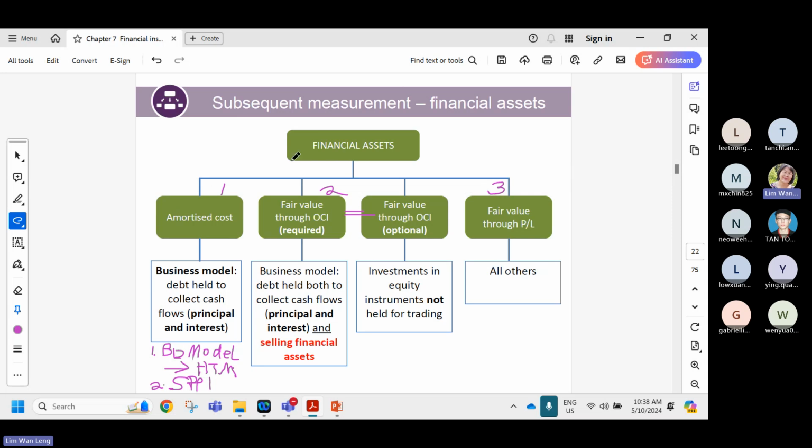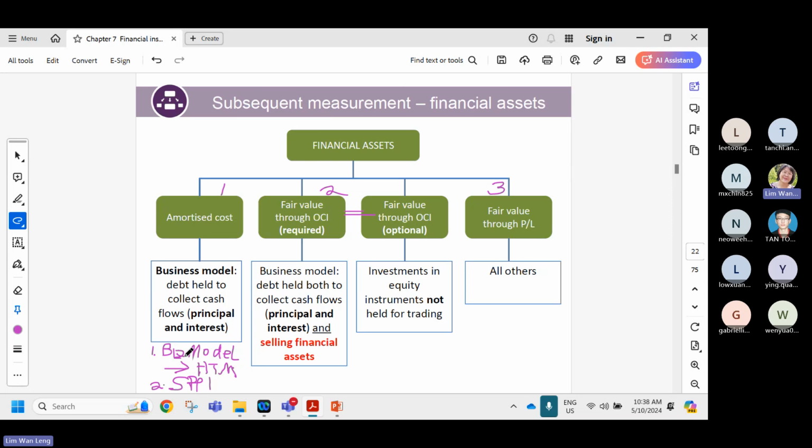So how do we know we should measure them at amortized cost or fair value? Okay, so for amortized cost, you will find that the characteristics that must be fulfilled is that you have to look at the business model, which means that that particular financial asset, are you going to hold it till maturity?